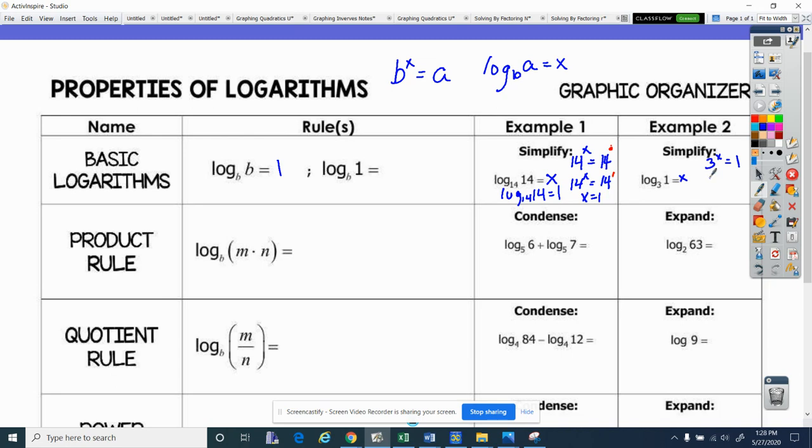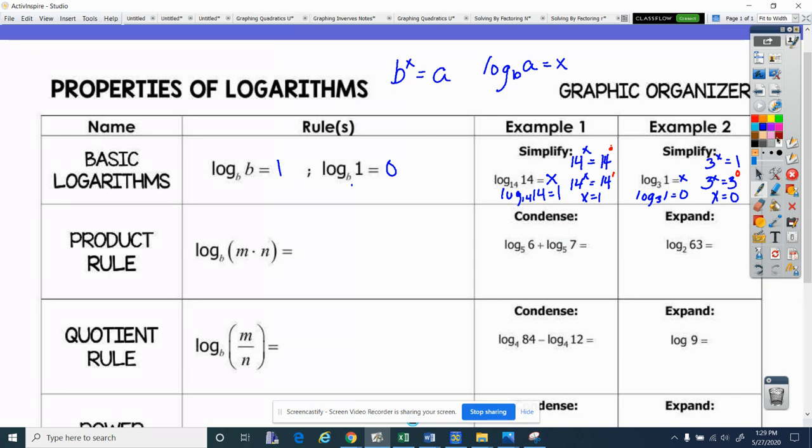So I'm going to say 3 to the x equals 3 to the 0 power. So now, remember, anything to the 0 power is 1, which means x equals 0. So log base 3 of 1 equals 0. So anytime I'm taking a log of any base of 1, I'm going to get 0 as my answer.